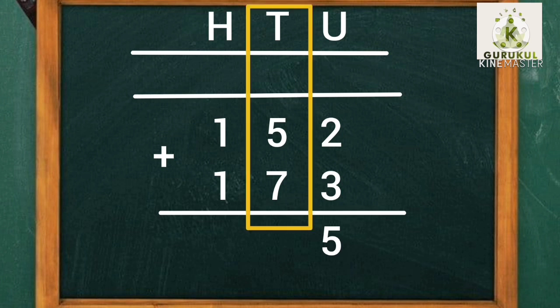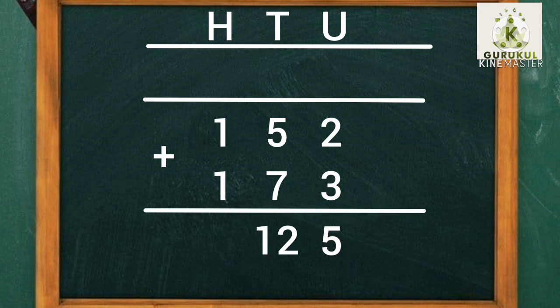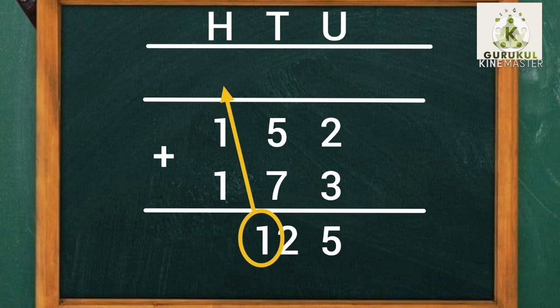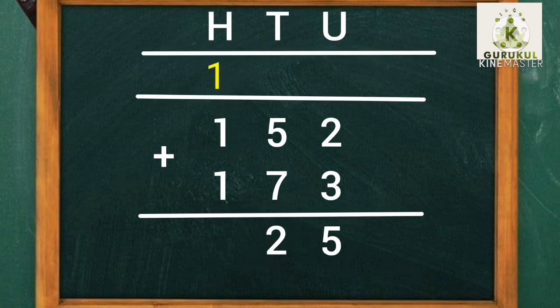Now, we will add the digits in the tens column. So 5 tens plus 7 tens, we get 12 tens. 12 tens make 100 and 2 tens. We had seen this before, yes? Okay. We write this new 100 in the hundreds place over here. So we have 2 left in the tens place.